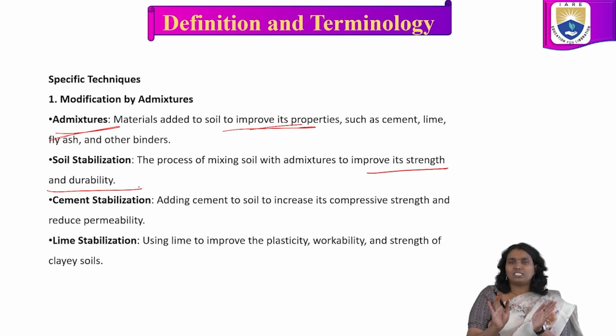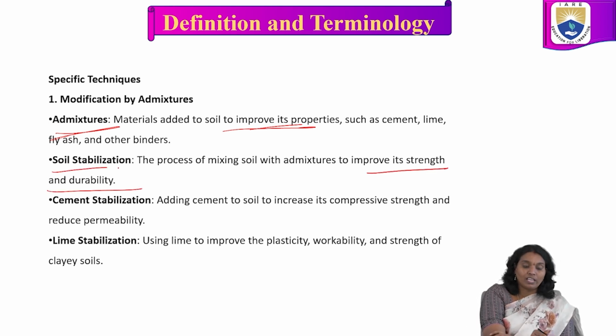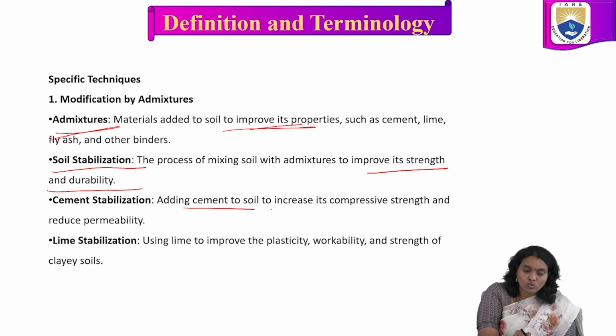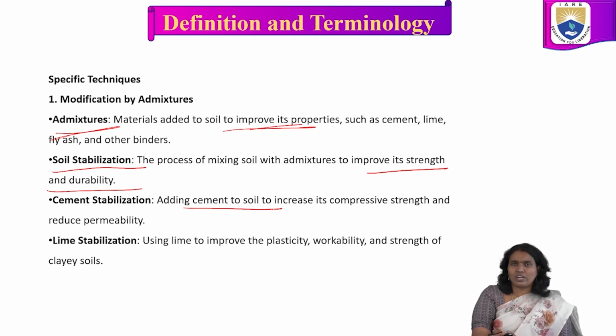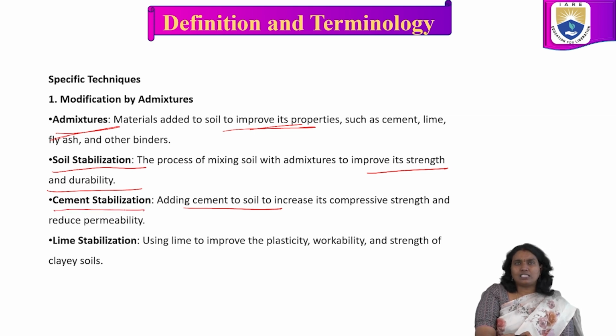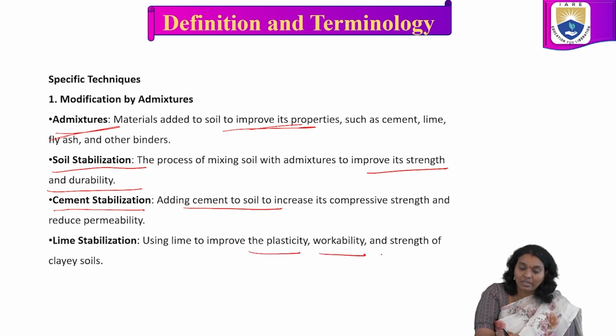That whole process is nothing but soil stabilization. When adding cement to soil to increase its compressive strength and reduce permeability, it is known as cement stabilization. Using lime to improve the plasticity, workability and strength of clayey soils is lime stabilization.